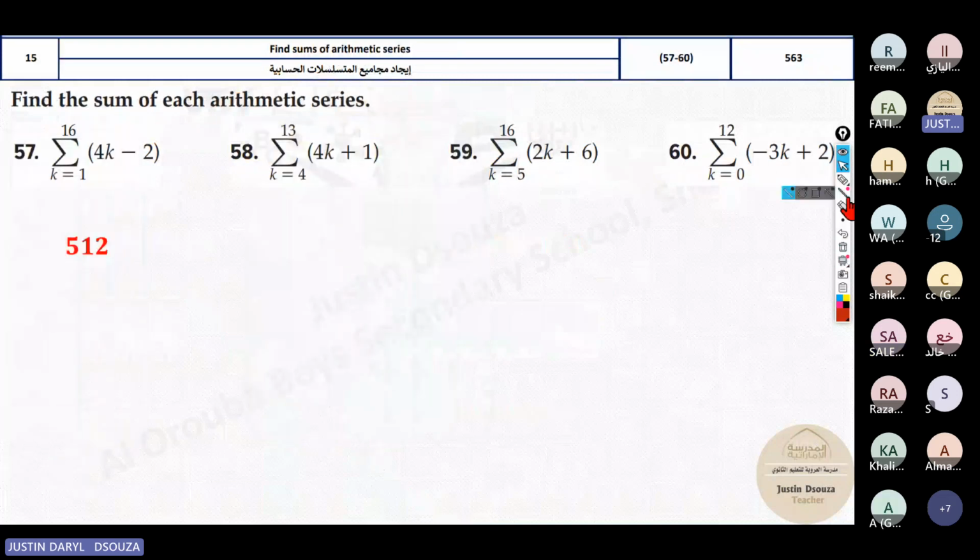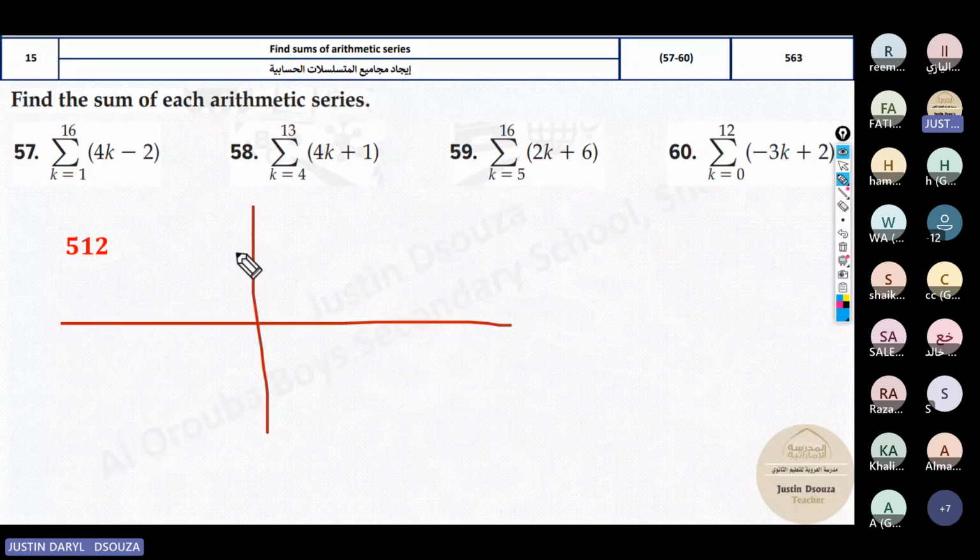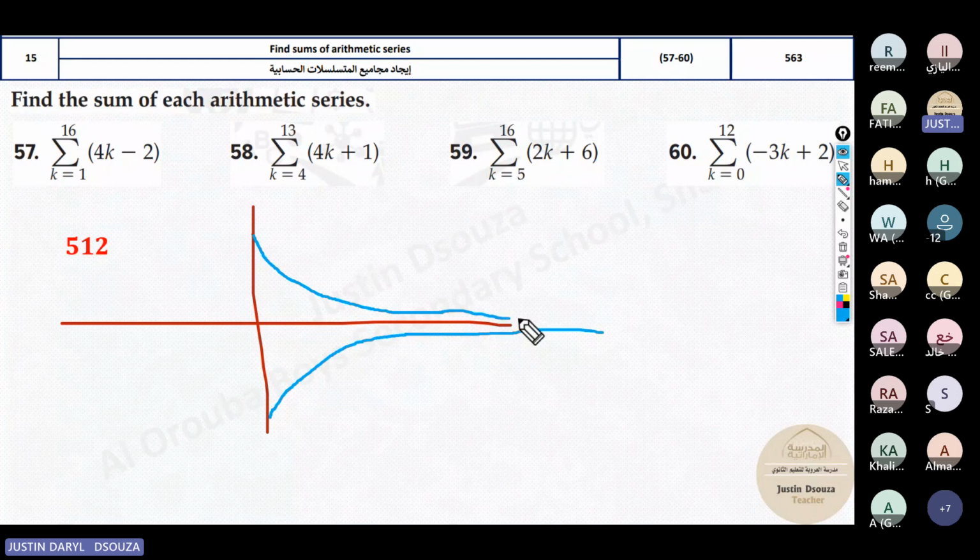Now, convergent is something that comes close to one single point. Let me draft this. If the values are coming like this, and even from the other scale, they're coming close, and they're coming close to one single point, though they're not the same, they are converging to a single point. Convergent means converging close to something, okay?